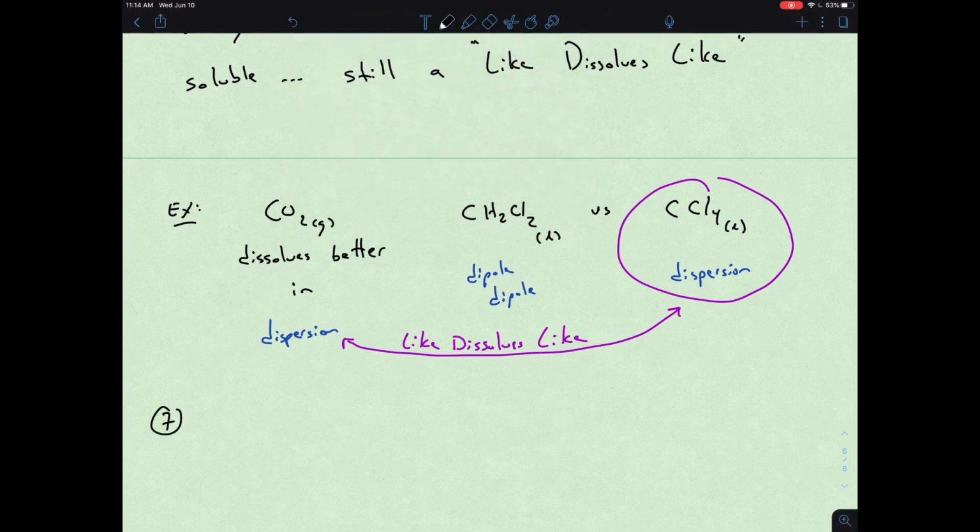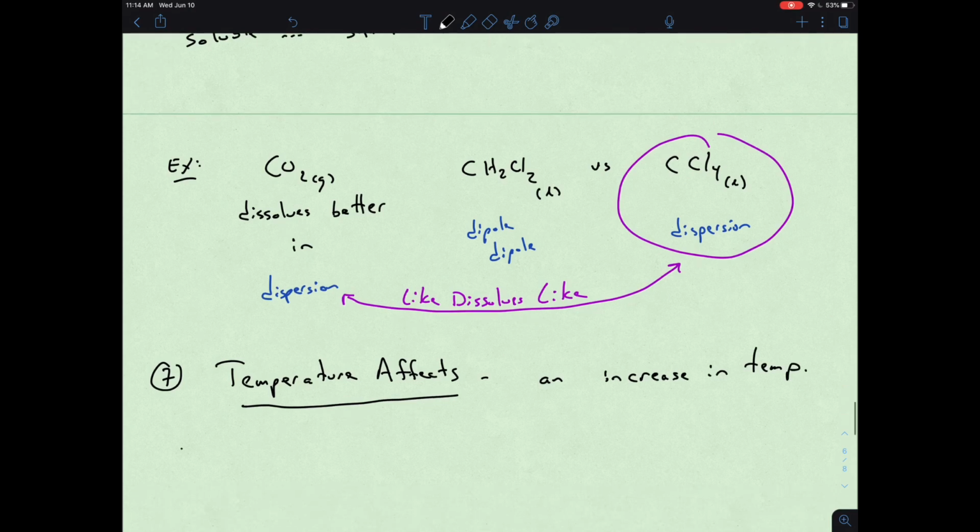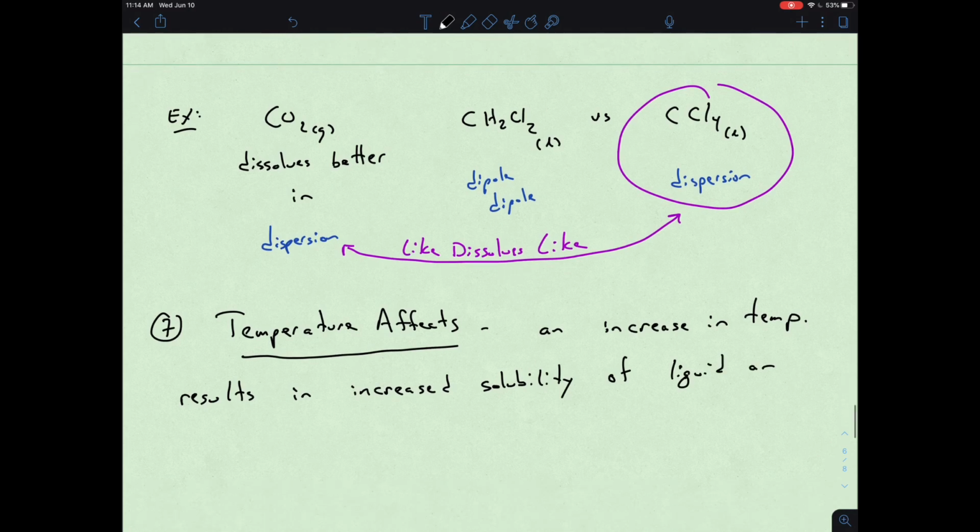The last one is temperature effects. An increase in our temperature is going to result in increased solubility of liquid and solid solutes.